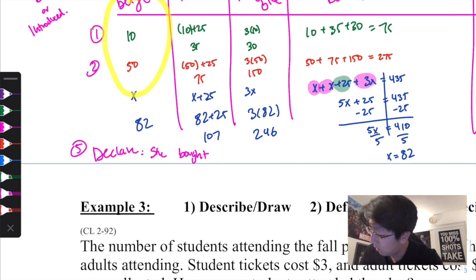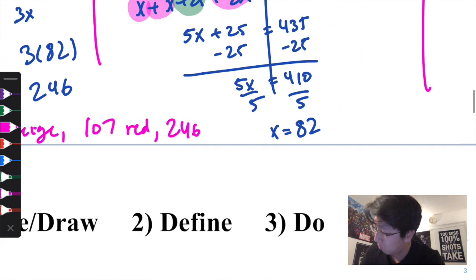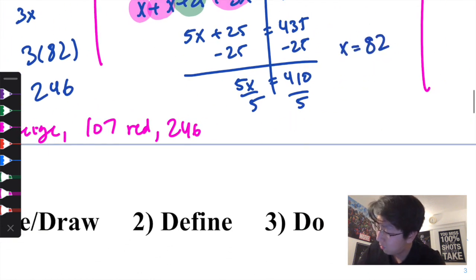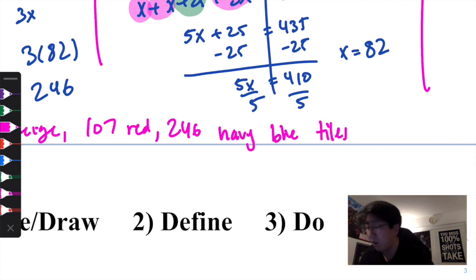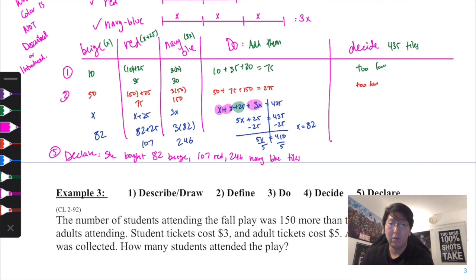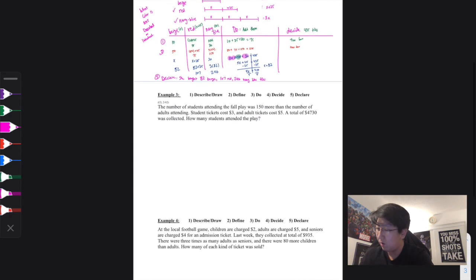Beige. 82 beige, 107 red, and 246 navy blue tiles. Let's move this over. Voila. Alright, let's go ahead and move on to the next page.